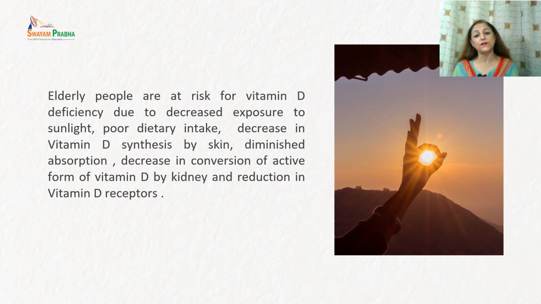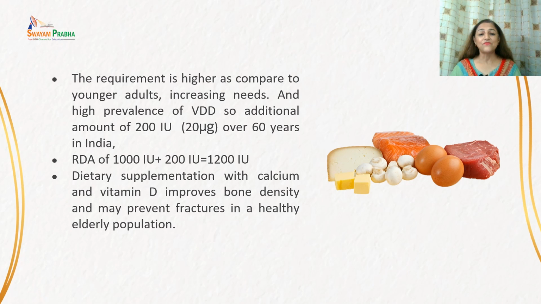So in spite of good sunlight exposure, the body may not be able to convert it to vitamin D, or there could be diminished absorption of vitamin D. There could be a decrease in conversion to the active form of vitamin D by the kidney, and there could be a reduction in the vitamin D receptors inside the body. That is why the Indian Council of Medical Research, in the latest RDA 2020, has raised the requirement as compared to the younger adults.